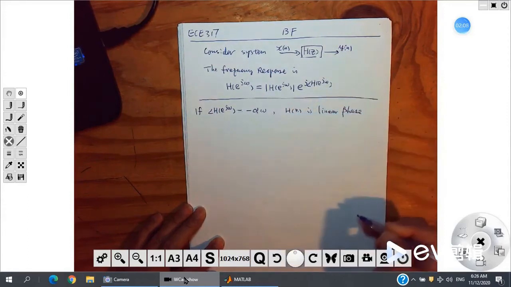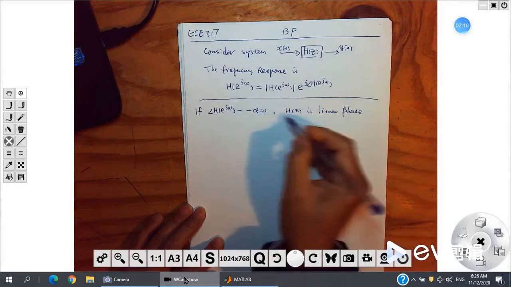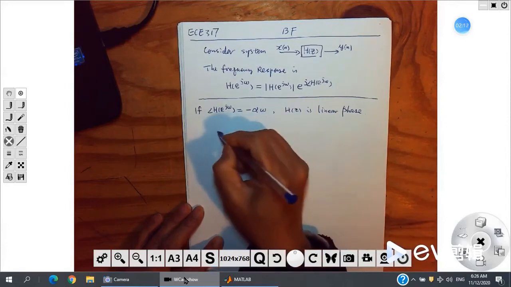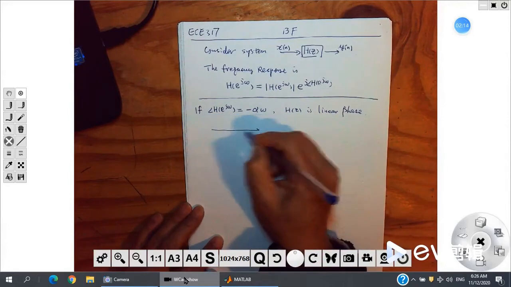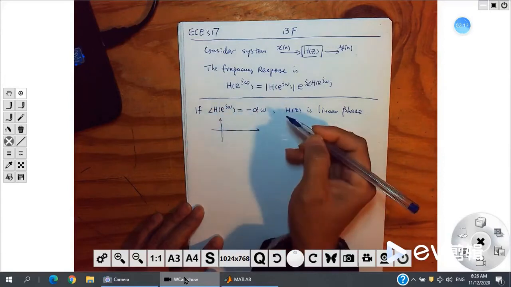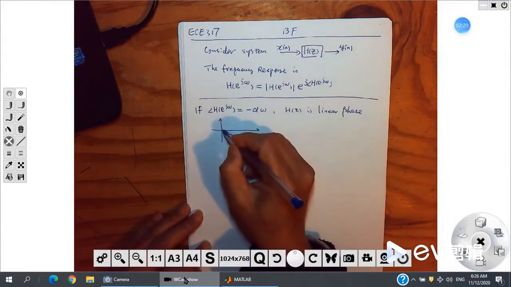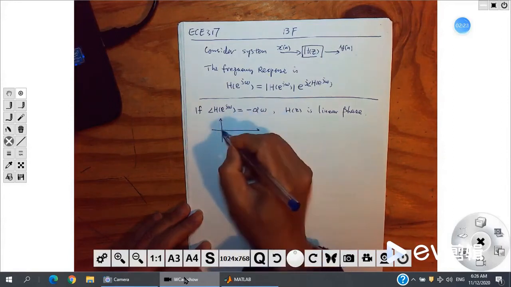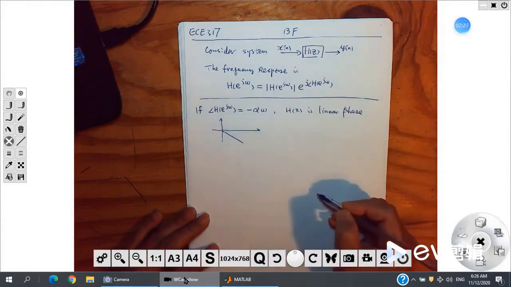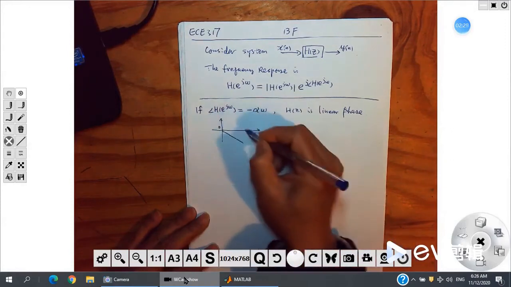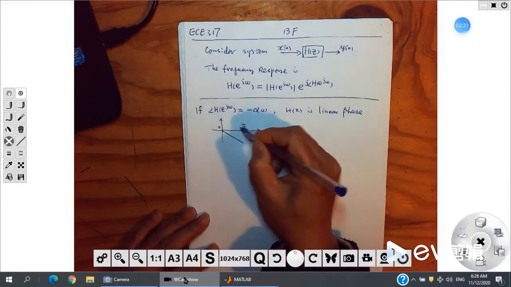H is linear phase. If we give a graph for this phase, it will look like this, depending on whether the value of alpha is positive or negative, so it goes this way or this way. I put it like this, from 0 to pi. I gave half of the period.